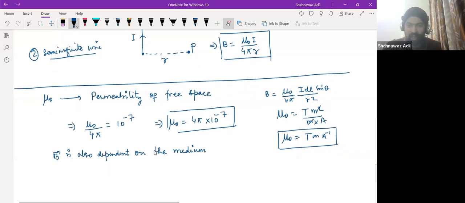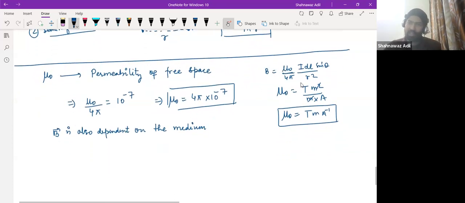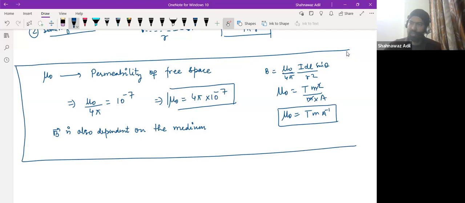So if this system is put in some medium, in place of mu naught, you will have mu. That is the same analogy from the electric field, where we have epsilon naught and epsilon. Same analogy. Is it clear?